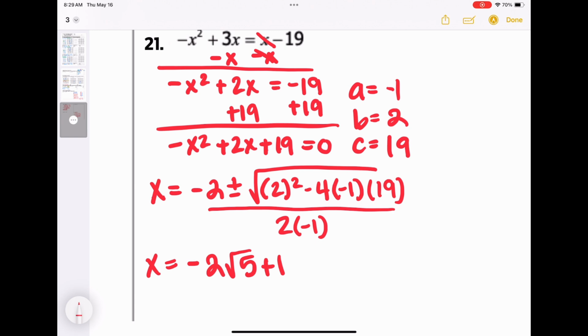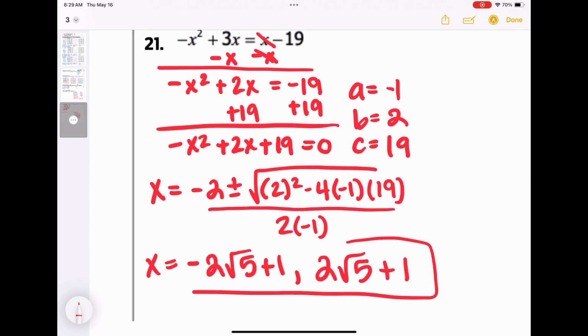So I'm going to copy it, press enter, and then scroll all the way over to change it to a minus sign. And it's going to give me 2 square root 5 plus 1. So those would be my two solutions. Now that ends the review for the Unit 6 test.